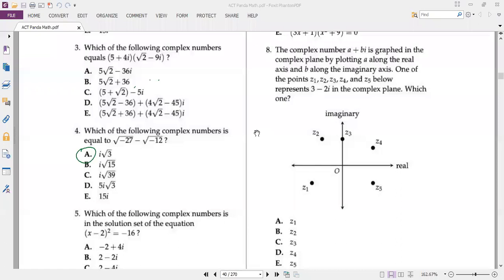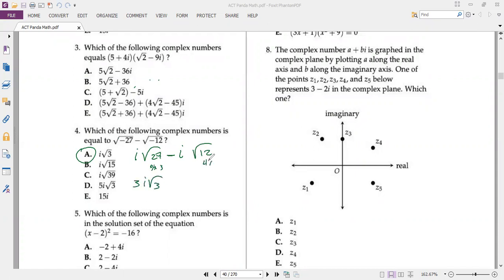Also, if you don't have any calculator, you can do it like this. The square root of negative 12 can be written with i. The square root of negative 27 is also with i, because you know about negative. So this one is 9 times 3, so we have 3i root 3.